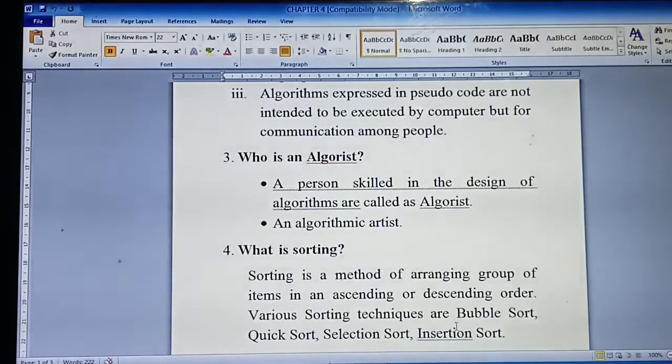Bubble sort, quick sort, selection sort and insertion sort. Okay. So write fast, students.